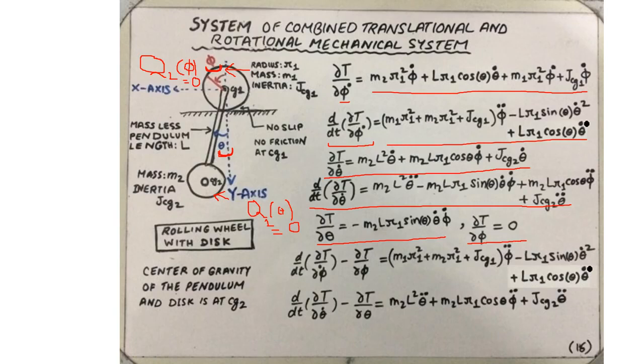And then it will be helpful to write down part of the Lagrange equation already, although we haven't yet computed the other energy components such as the potential and the dissipation energy. So the first two terms of the first Lagrange equation will be the partial derivative of kinetic energy with respect to phi dot followed by its time derivative, minus the partial derivative of kinetic energy with respect to phi.